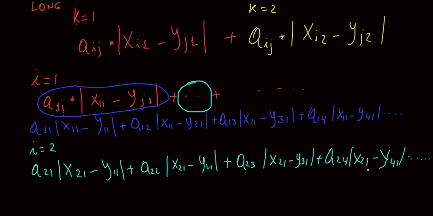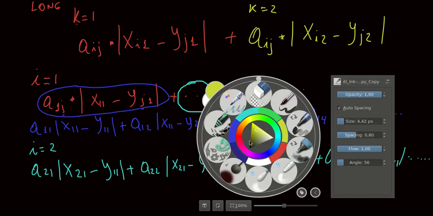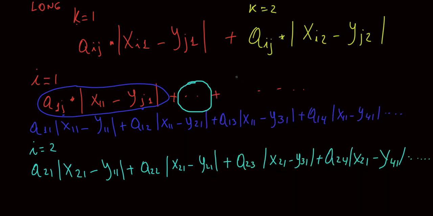Okay, we have finished expanding over j for i equal to 2. We need to expand over j for i equal to 3. So if you want to see it this way, here I will have another term for i equal to 3, more terms for i equal to 3, another for i equal to 4, up to 6.